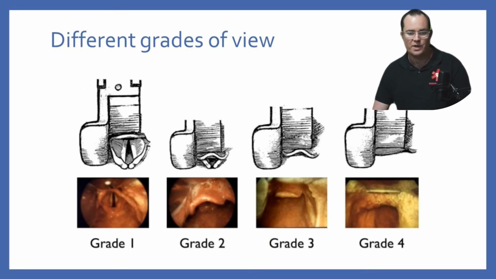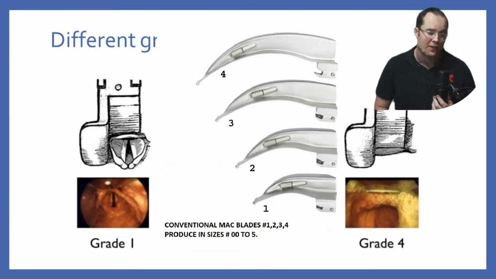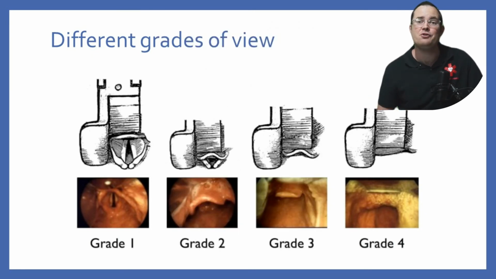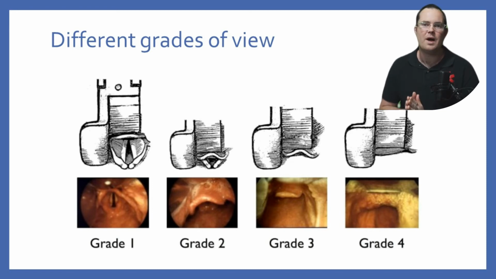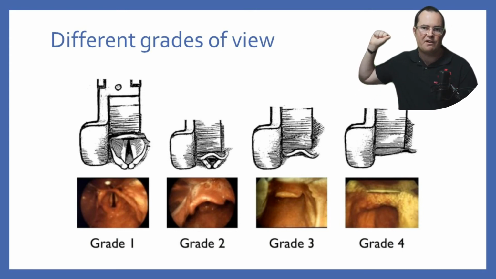So Palermo asks, what blades do I recommend then? If I started with a Mac 3, and let's say I'm comfortable with a Mac, because remember, I told you in the beginning of this, I don't care what blade you use. It's all preference. Some people like Miller, some people like Mac blades. What matters is if it is long enough for you to get to that valvecular space. If I use a Mac 3 and I see a grade 3 or a grade 4 view, I'm going to ask for a Mac 4.